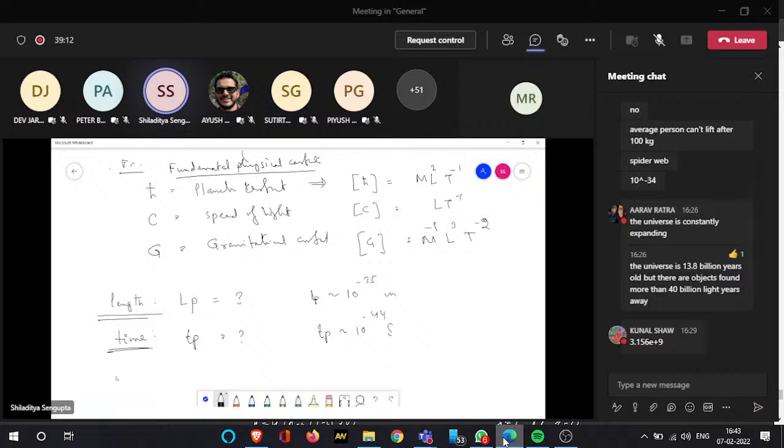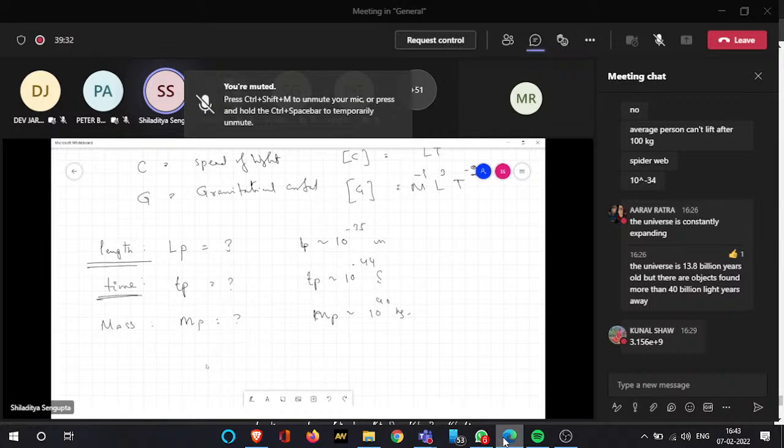And for completeness, I also mention the Planck mass, which is very large. I forgot it, but something like 10 to the power 40 kg or something.